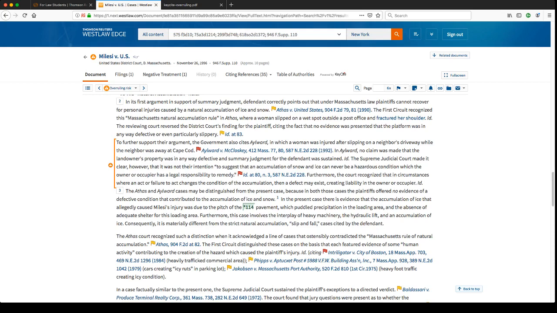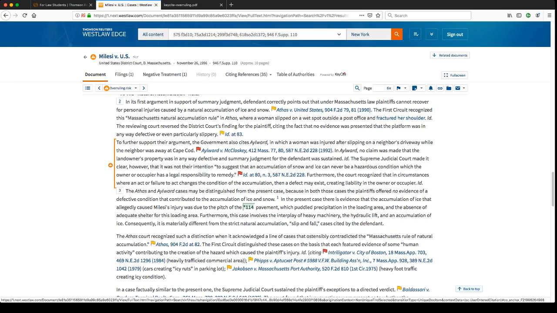We're going to adopt the doctrine of reasonable care. So, Elwood was decided in 1992, and that was the law for 18 years until Papadopoulos invalidated Elwood for that particular doctrine. In 1996, Malesi cited Elwood for that particular proposition.